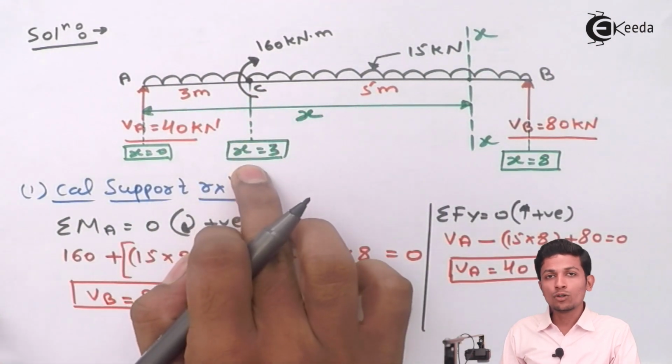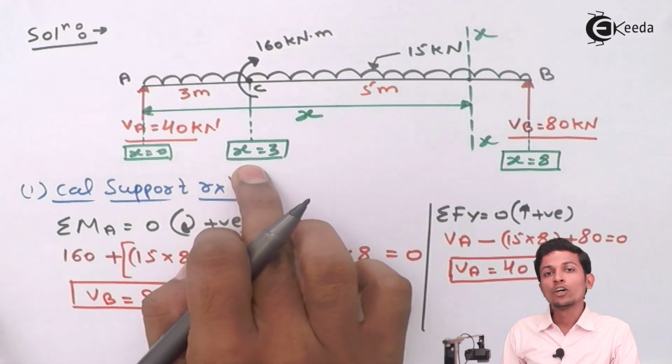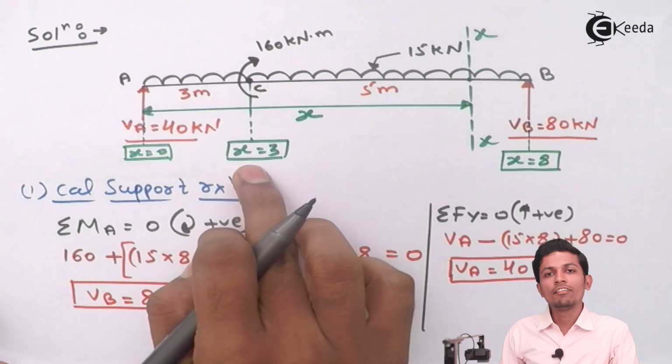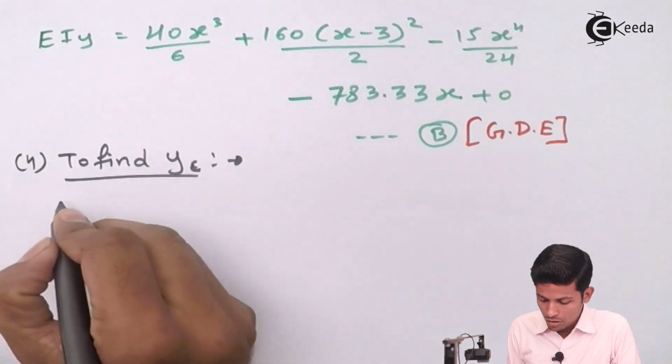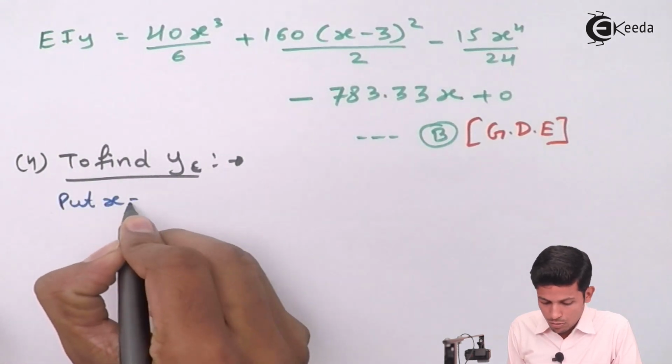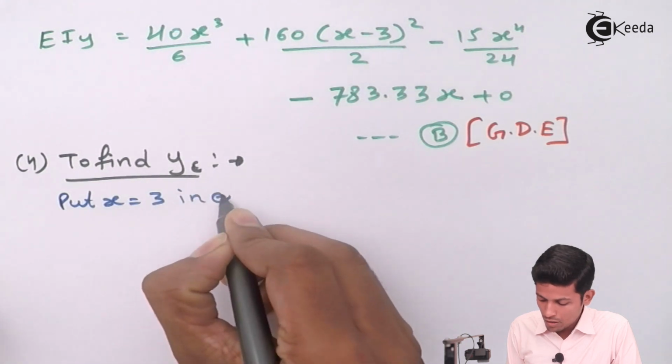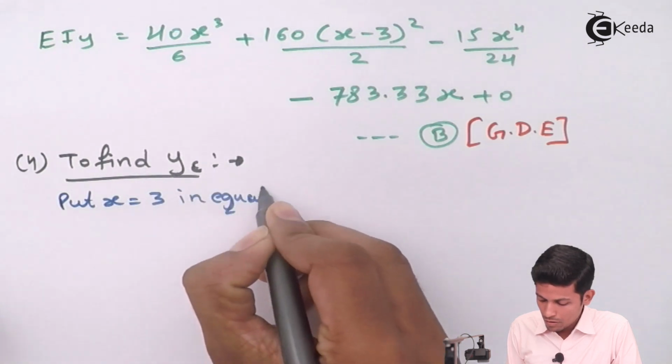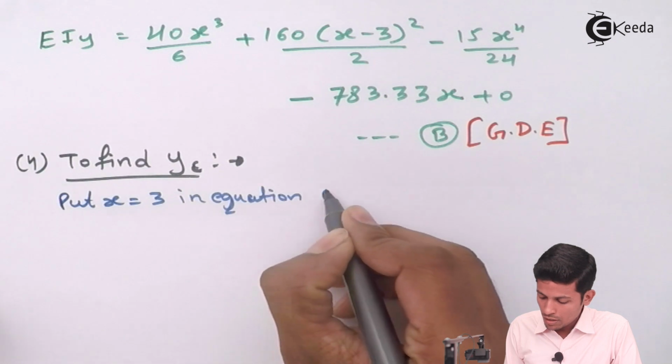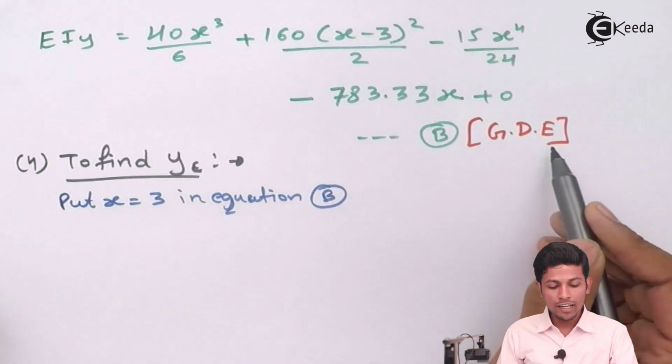X will be 3. So we have to find deflection. Deflection means y equation. So put x is equal to 3 in equation B, which is nothing but journal deflection equation.